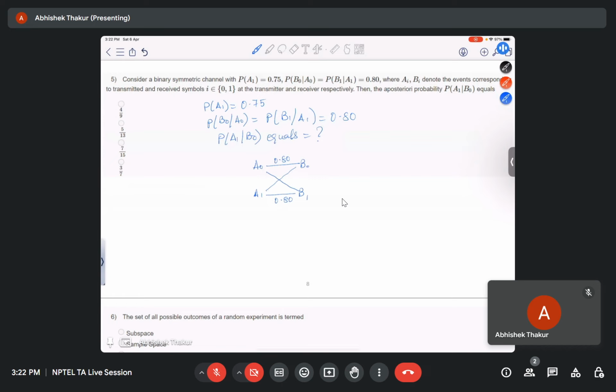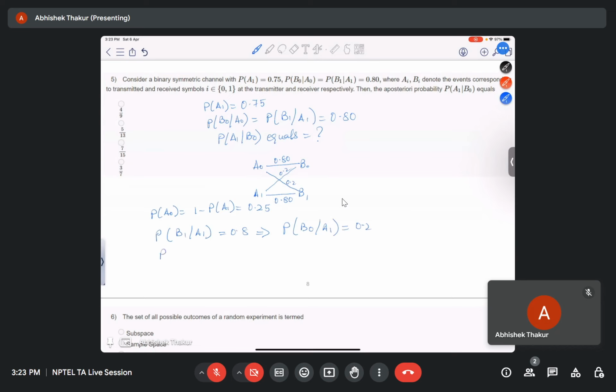Probability of A1 is given as 0.75, so probability of A naught is 1 minus probability of A1, that is 0.25. Probability of B1 given that A1 has occurred is 0.8, which implies probability of B naught given that A1 has occurred is 0.2.